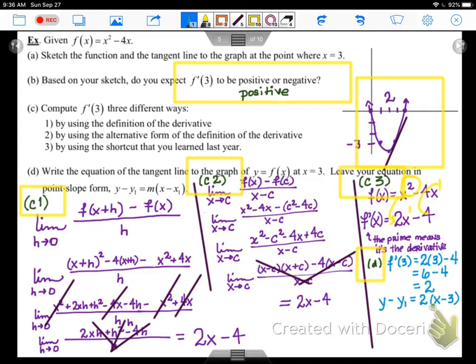So we know the slope based on what the derivative was, and the derivative at any point for the function x squared minus 4x is 2x minus 4. So the derivative or slope at 3 would be 2 times 3 minus 4, and 2 times 3 minus 4 is 6 minus 4, which is 2.